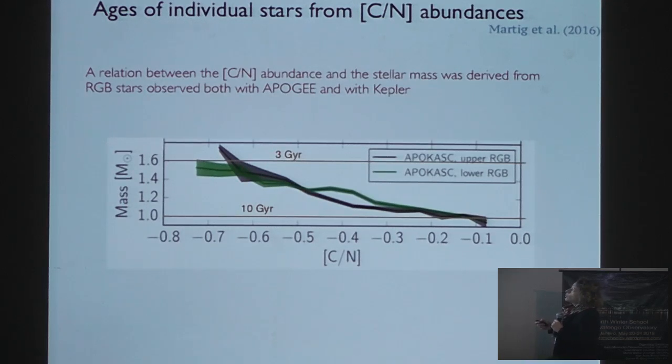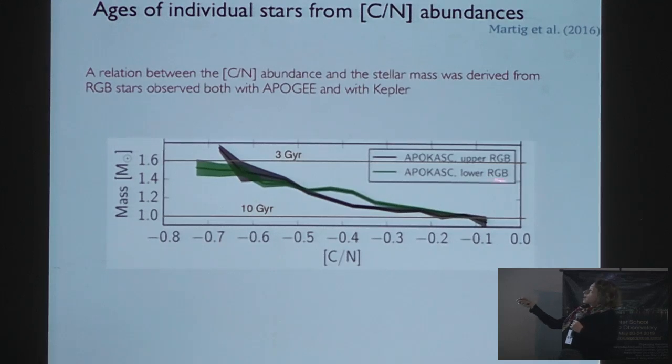The relations are two because, in principle, what we know of stellar evolution tells us that the relation should be different for stars in the lower red giant branch and for stars in the upper red giant branch. Lower and upper are separated by the red clump, more or less. Why? Because, as some of you pointed out yesterday, there is some extra mixing in the envelope of a star that could change the surface abundance of these elements while the star is evolving in the red giant branch.